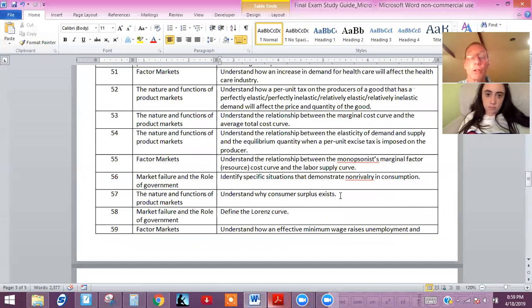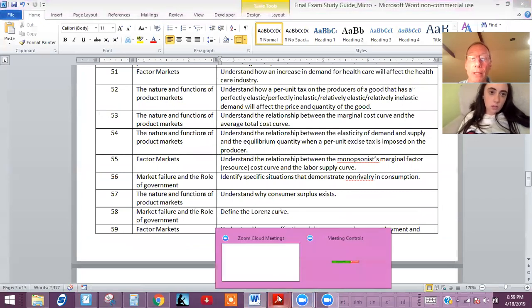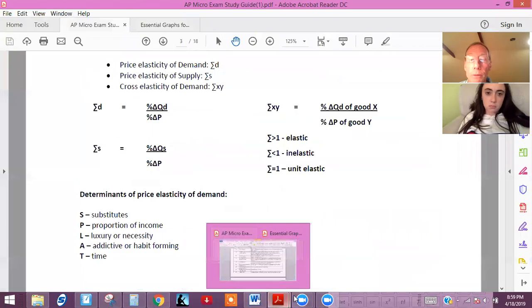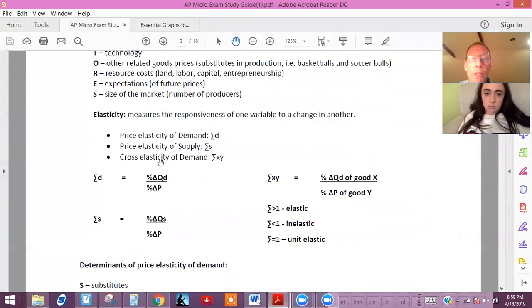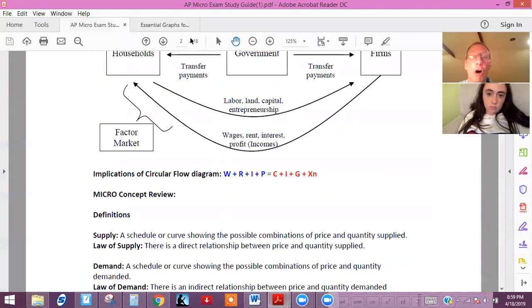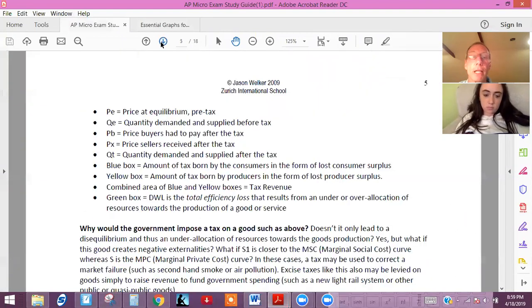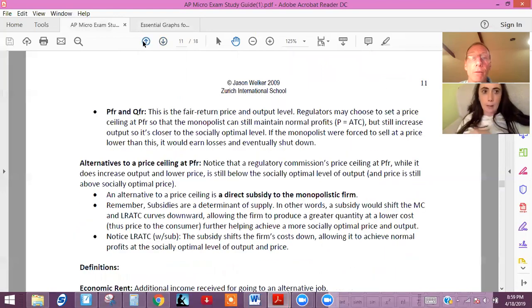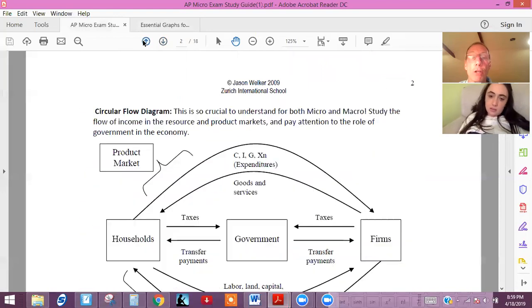I mean, just look up consumer surplus. This is not hard stuff. And I think this study guide probably talks about it. I'd have to scroll through, because this is 18 pages long. This is a big study guide. I'm sure they talk about consumer surplus.